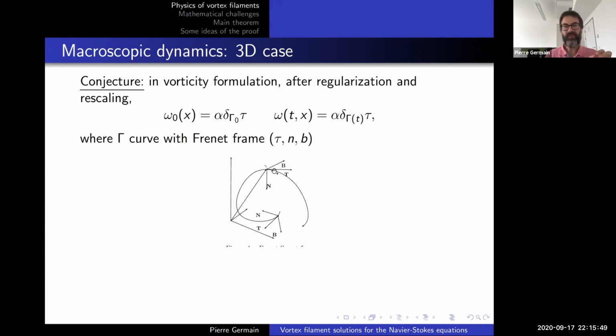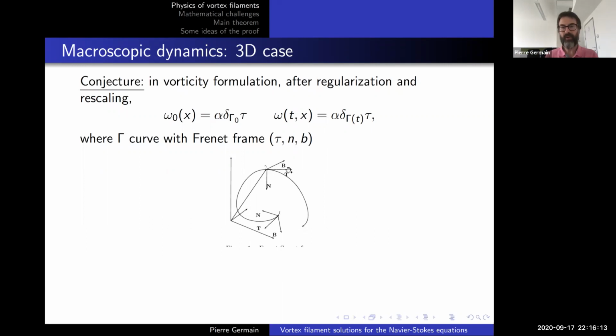And at each point of this curve, we have a Frenet frame, which is given by tau, the tangent to the curve. N is the normal to the curve, so it's the second derivative if you take a parametrization of the curve.